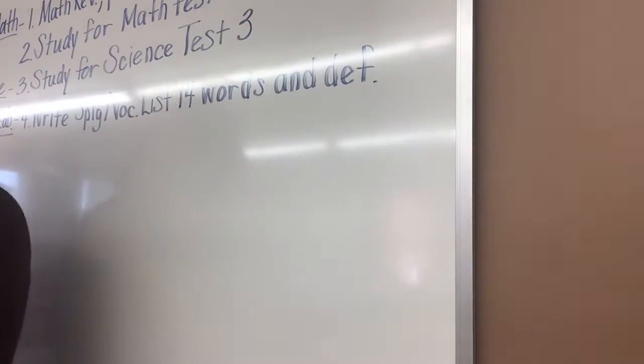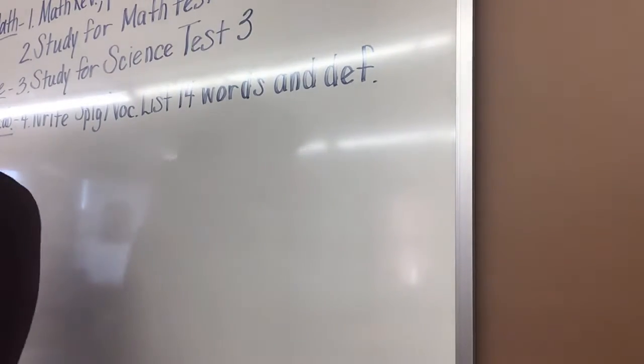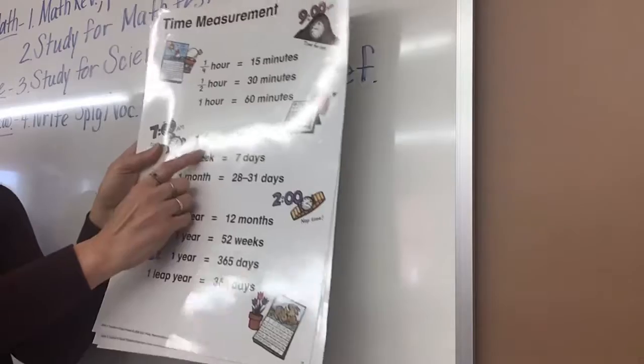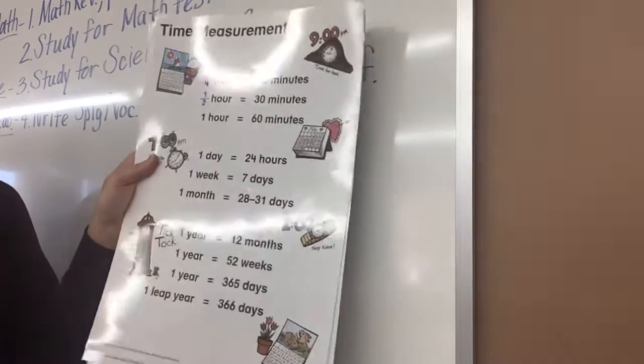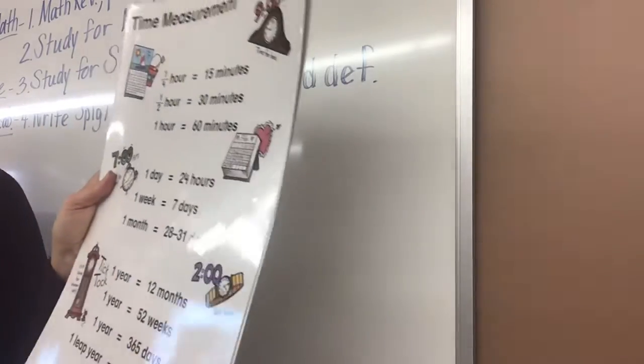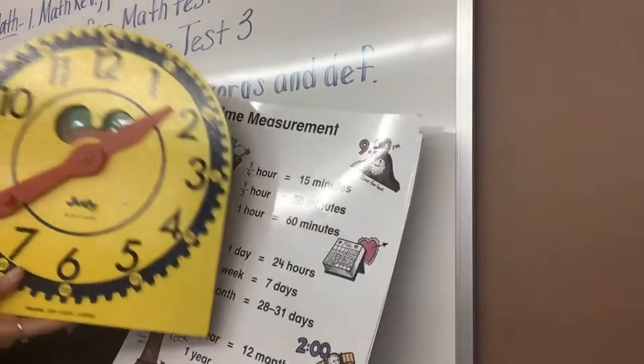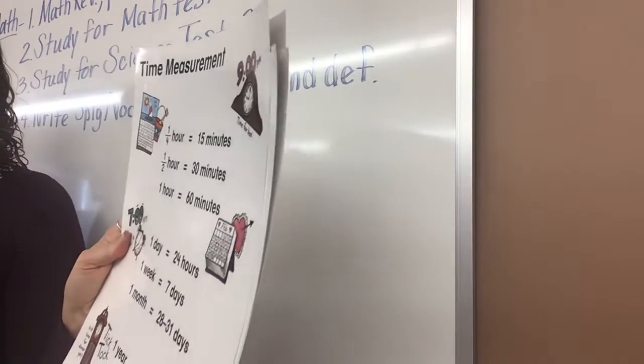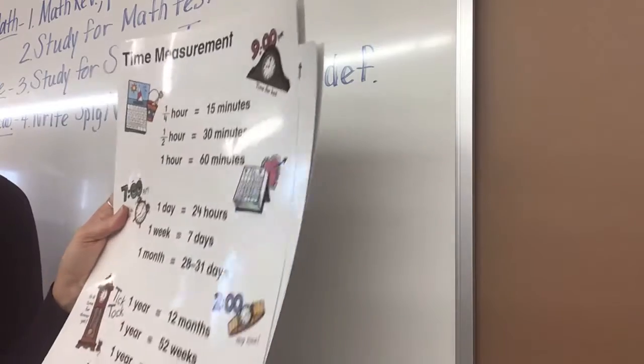You guys understand that? All right, next, let's do 1 day equals 24 hours. Again, looking at the clock, there's 12 on the clock, but we have AM and we have PM.